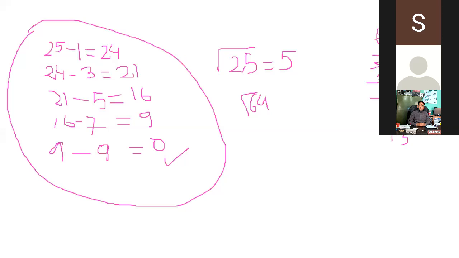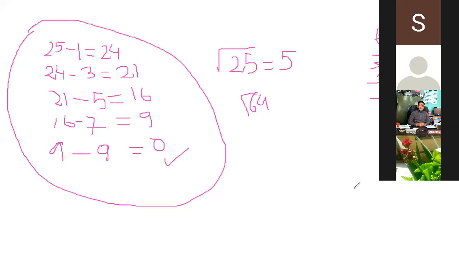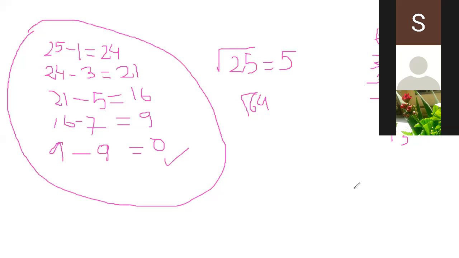Rojan ji, are you solving? Karishma ji, are you solving? Yes, sir. Sir, 8. You got 8. Yes, sir. So now how can you show me your process? Do you know?